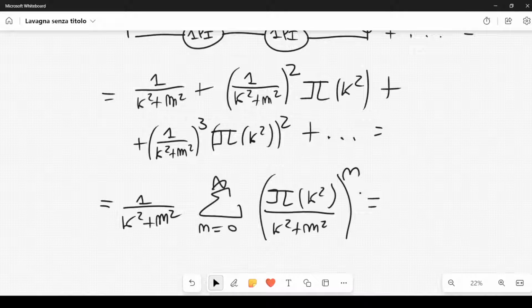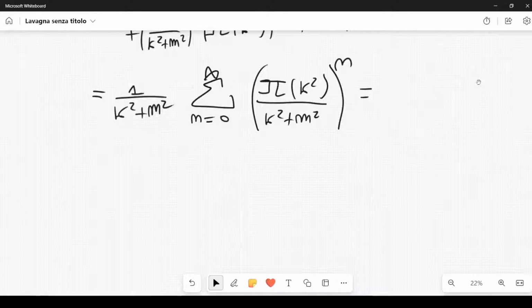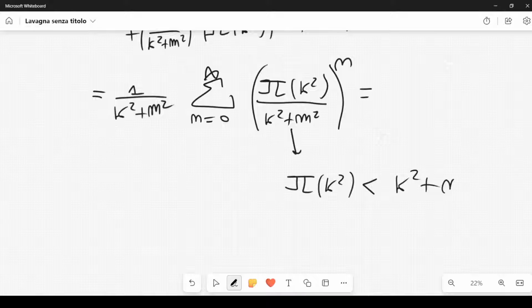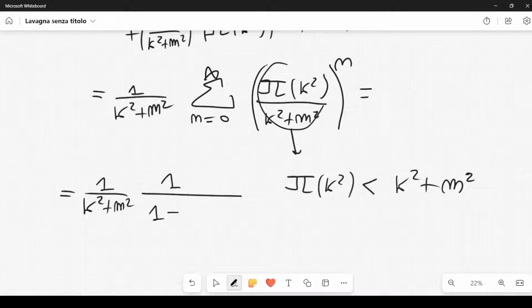And this is easy to calculate if we assume that Pi of k squared is smaller than k squared plus m squared, so this summation will converge, and in particular it will converge to the following value. Here we still have this factor 1 over k squared plus m squared, and then we have 1 divided by 1 minus this term of the series, Pi of k squared divided by k squared plus m squared.